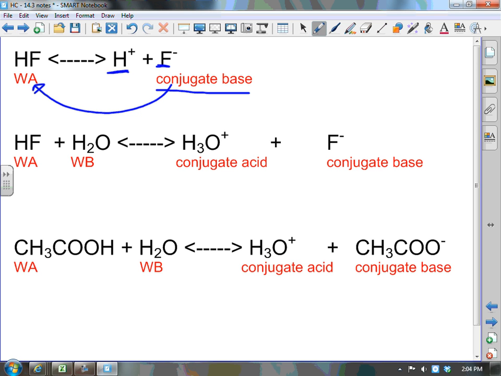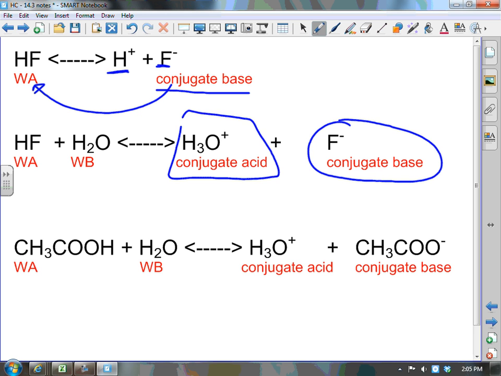If I write it another way, we could also say, what if I take HF and react it with water? It's the same thing as up here, I just didn't write plus water. There's F minus, that's still a conjugate base. The other piece in this example is H3O plus. What happens here is that water actually acts like a base, because it accepts a hydrogen.